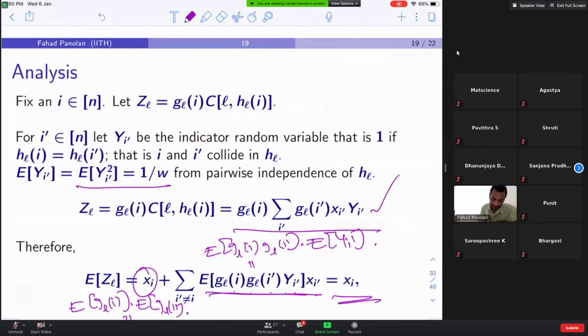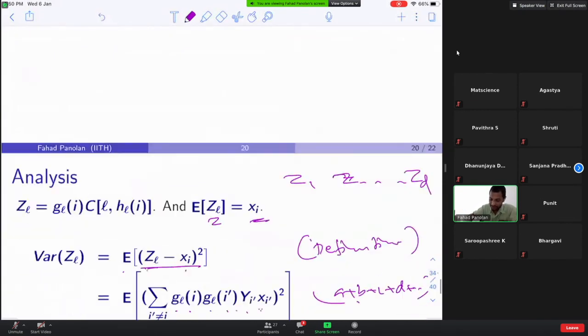We have already done it here. Since it is an indicator random variable, expectation of yi prime is equal to expectation of yi prime square, which is actually 1 square times the probability that I prime is mapped to the same location as I, which is 1 by W, because the other is plus 0 times something.